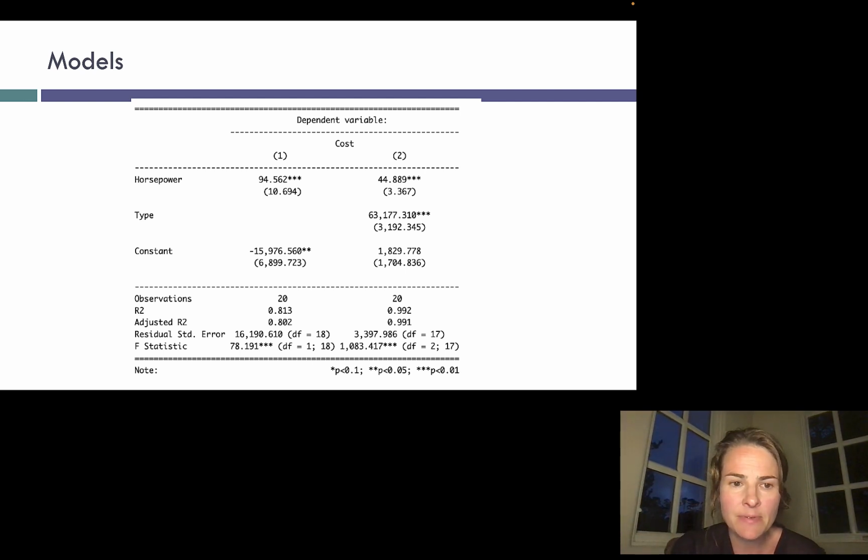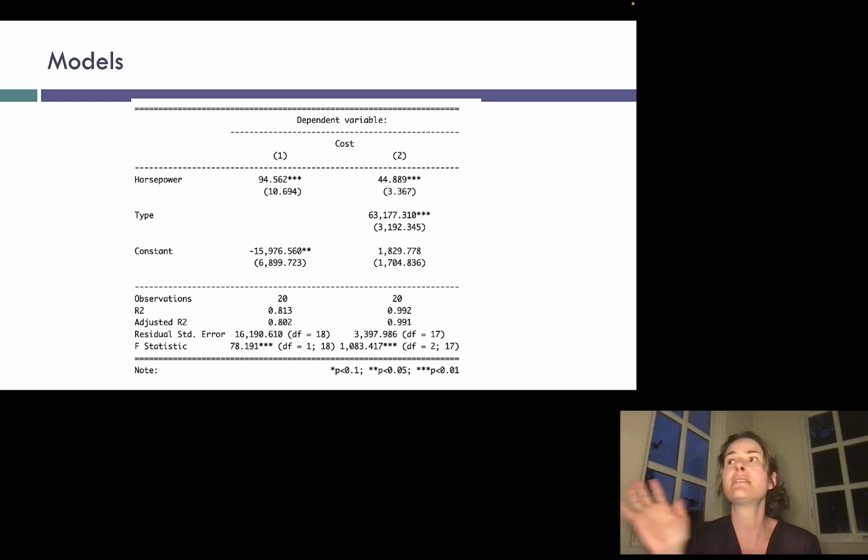And that type seems to matter, so what it's telling us is that essentially those gas turbine engines are about $63,000 more expensive than our diesel engines. Both of those are statistically significant, right? So those p-values are teeny tiny there at the 1% level, and our R-squared, cost estimating relationships have these ridiculous R-squareds.